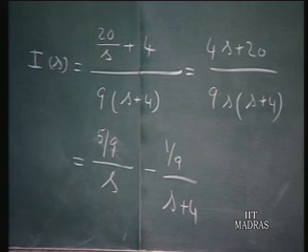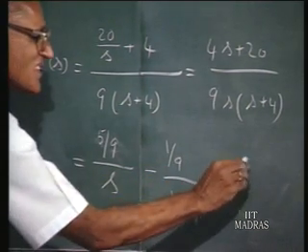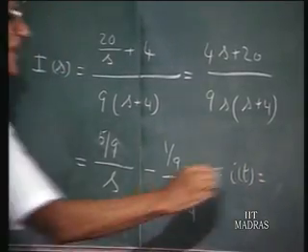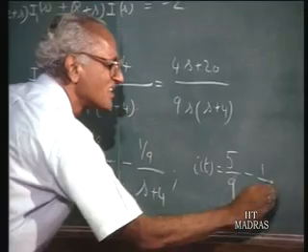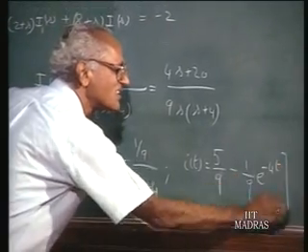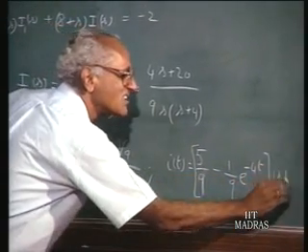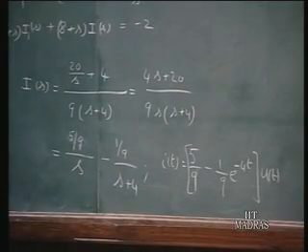So in other words, once we have I2(S), I2(t) would be 5 by 9 minus 1 by 9 e to the power of minus 4t. That is the expression for the current I2(t).